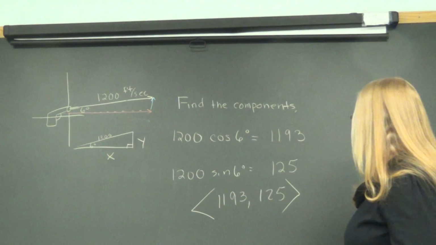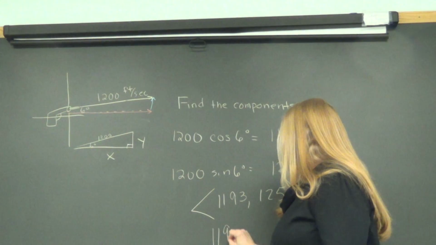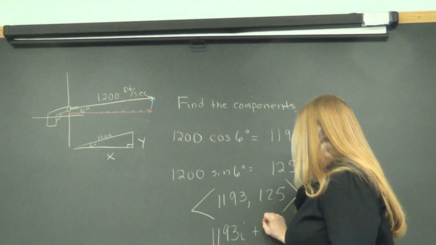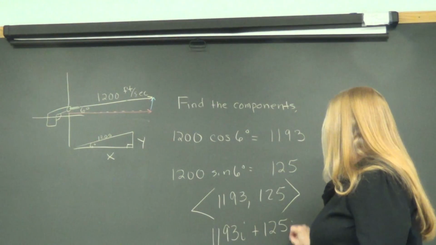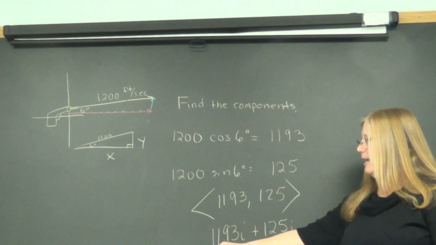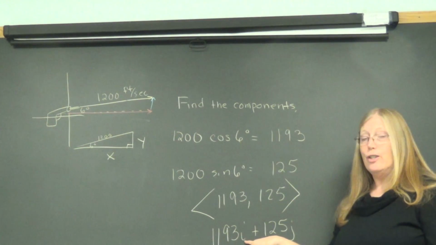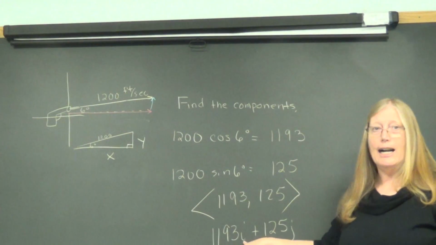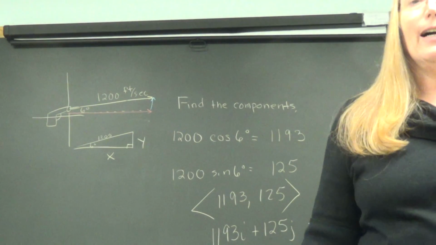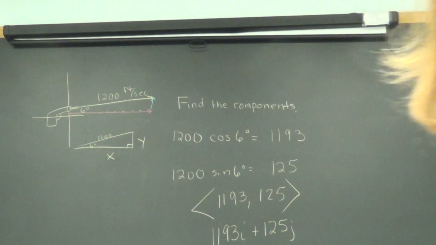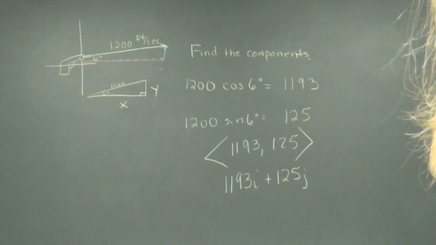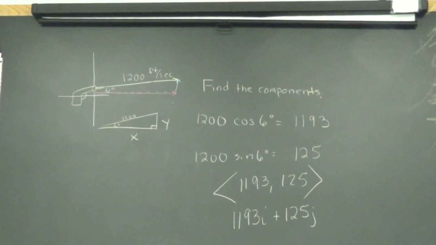So we can write that another way, and this is the camp I'm in. We can say that this is 1,193 of these unit vectors, which we called i, plus 125j.